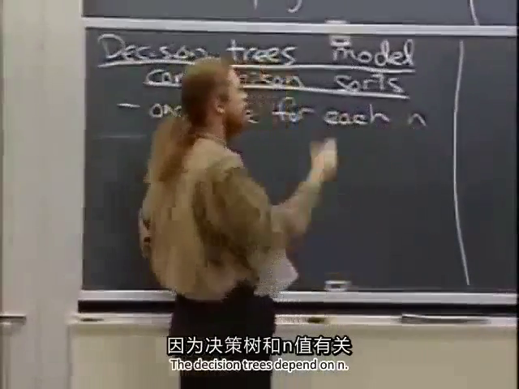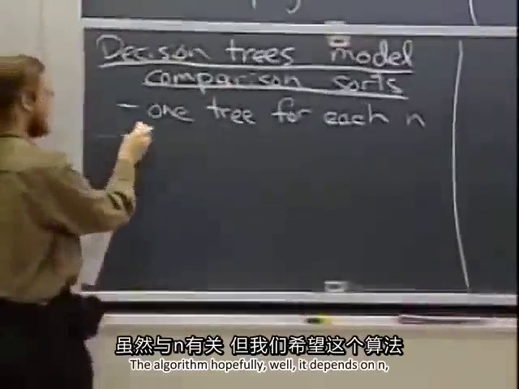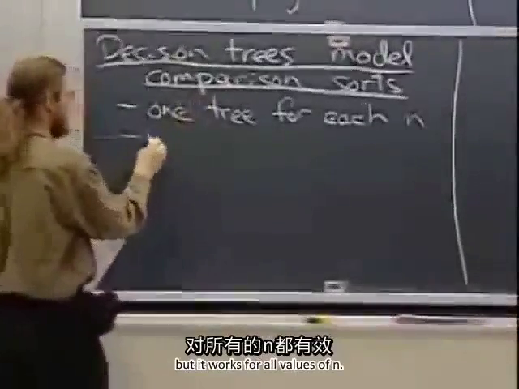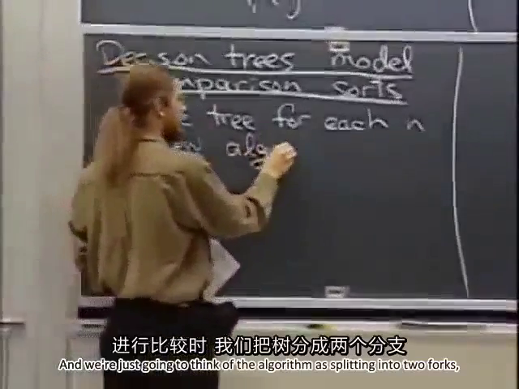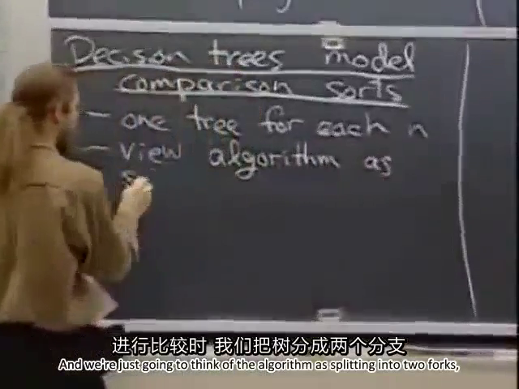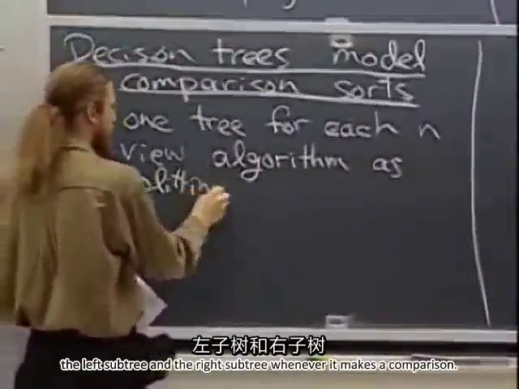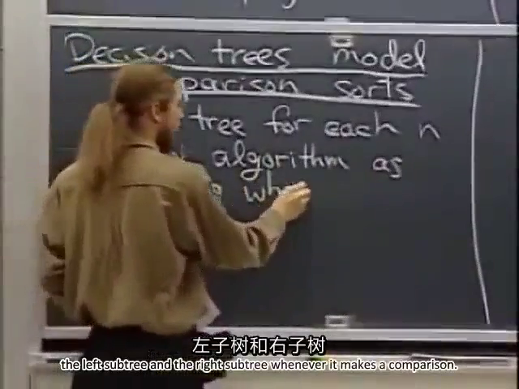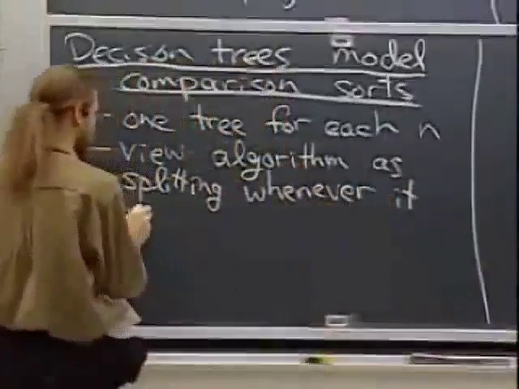As I mentioned, the decision trees depend on n. The algorithm hopefully, well, it depends on n, but it works for all values of n. And we're just going to think of the algorithm as splitting into two forks, the left subtree and the right subtree, whenever it makes a comparison.